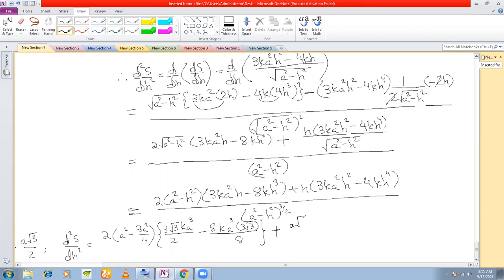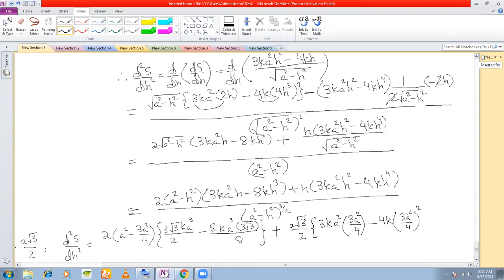h is equal to a root 3 by 2, and you have 3k a square into 3a square by 4 minus 4k into 3a square by 4 whole square.